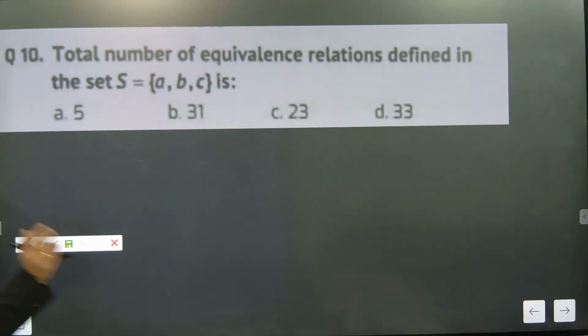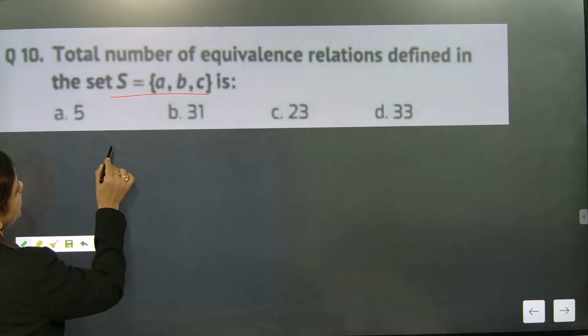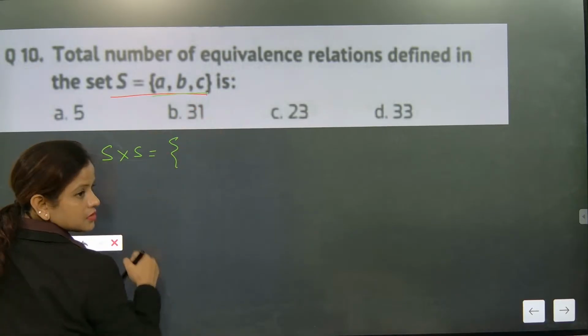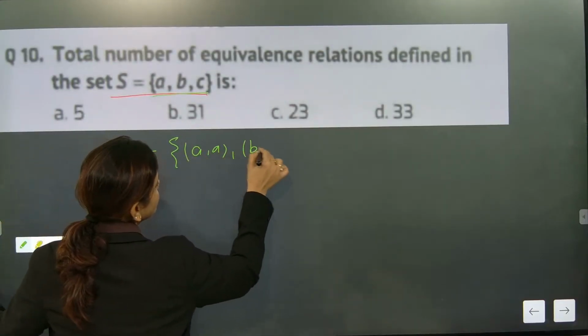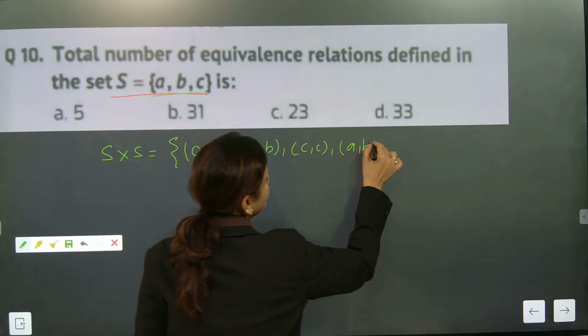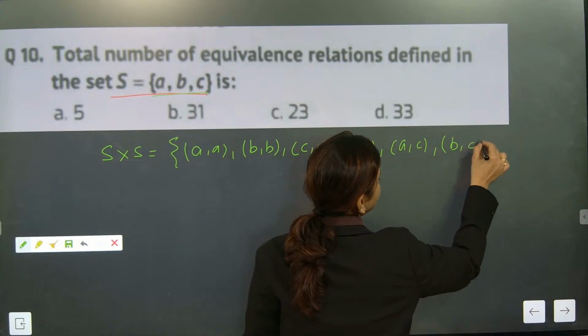We will write the element set. So S, how many possible there? Can you say? S cross S will have how many elements? 3 elements are there. Understood? So 3 means what, and all possibilities are there? AA, BB, CC, AB, AC, BC.